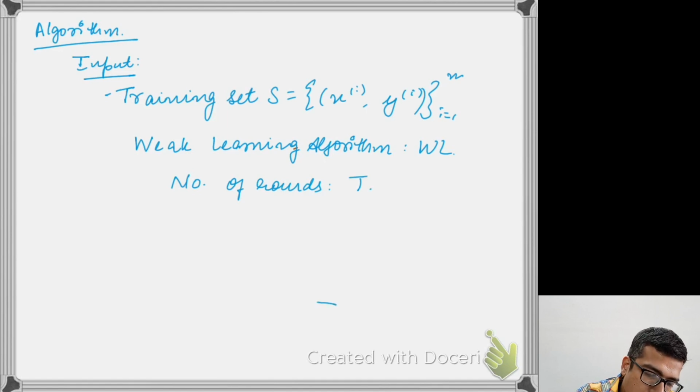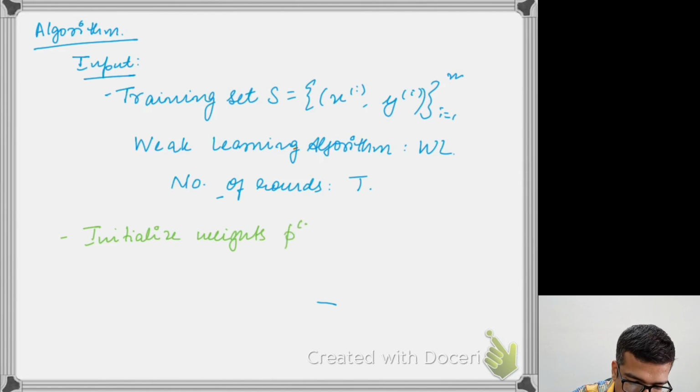So how do we start? First we initialize the weights P_1 as 1 by m for each example.